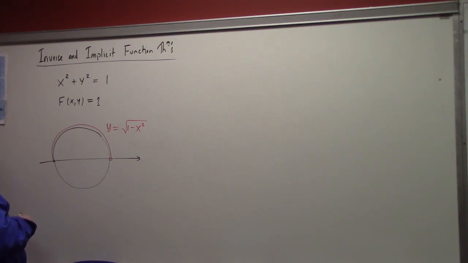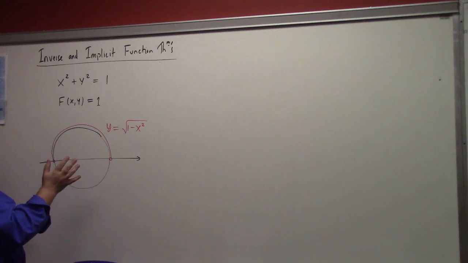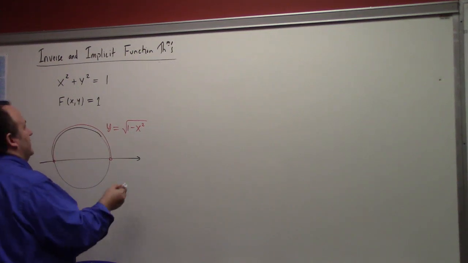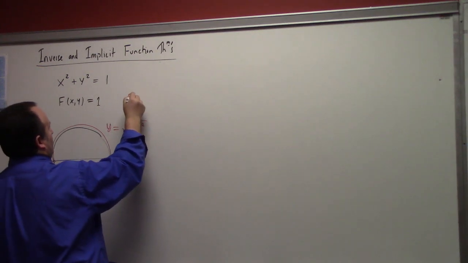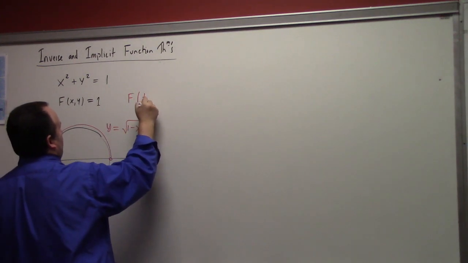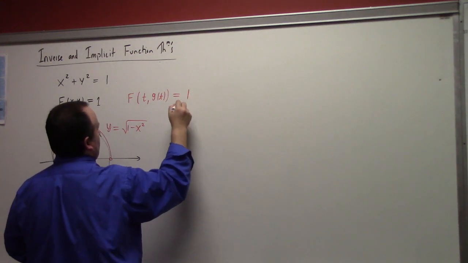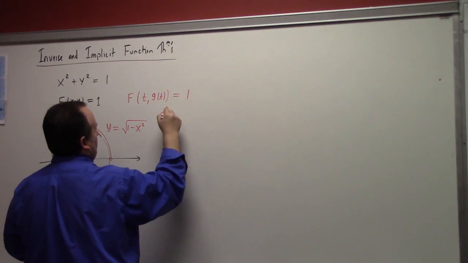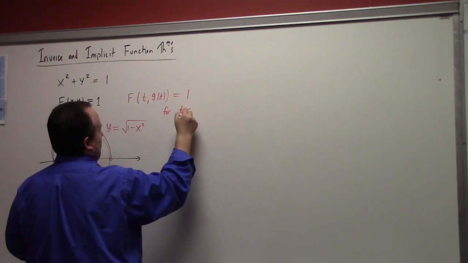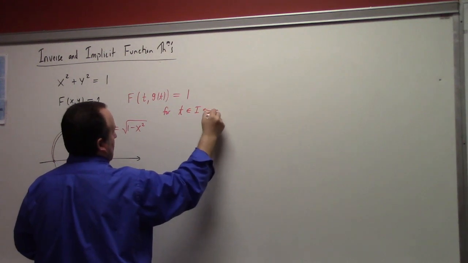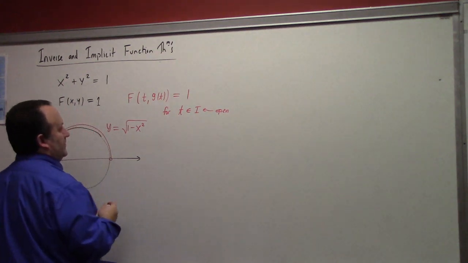So here, basically I'm looking for f of t comma g of t equals 1 for t an element of I, open, right?